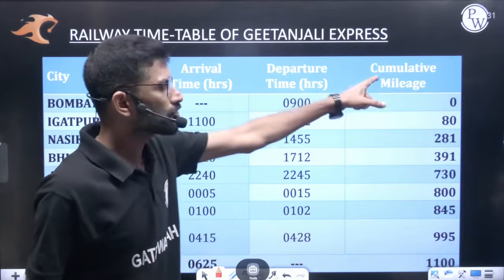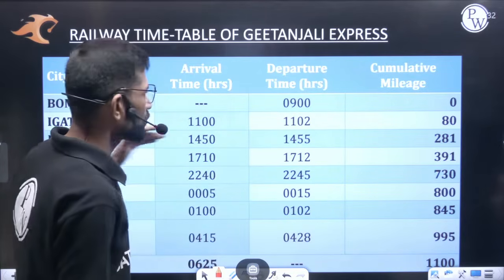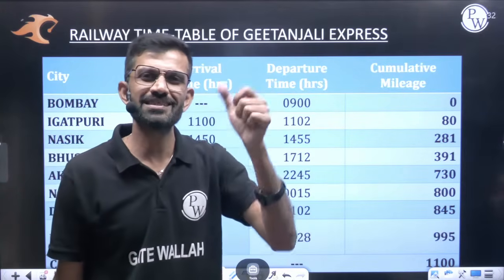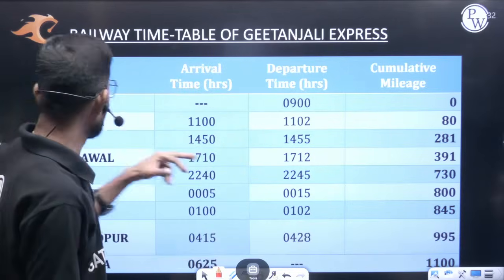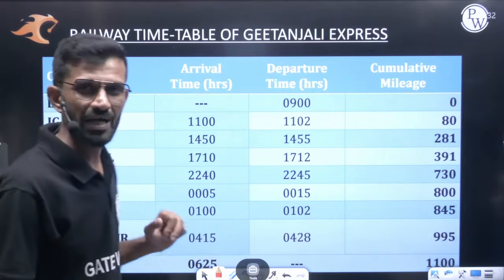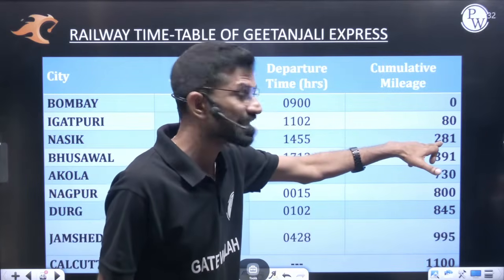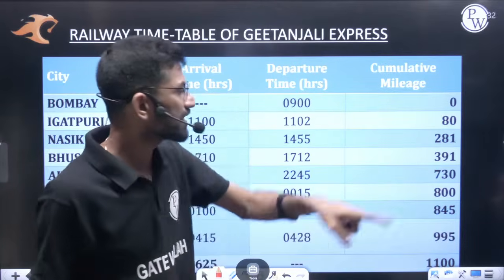Further, cumulative mileage. What is cumulative mileage? From Bombay to Igatpuri, 0 to 80, so the distance is 80 miles. After that they directly gave 281, which means it is cumulative. If I ask you Igatpuri to Nasik, how much distance will it be? This was 80 and this is 281, so only 201 is the distance between Igatpuri and Nasik.